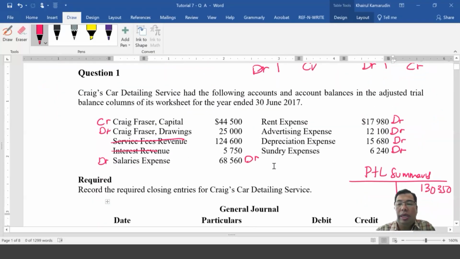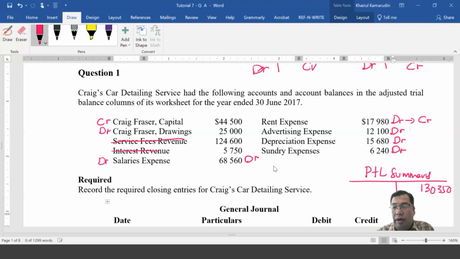So to close these accounts, you need to credit rent expense, credit advertising, credit depreciation, credit sundry expense. Don't forget to credit your salary expense.